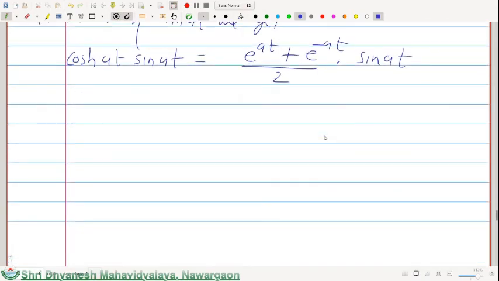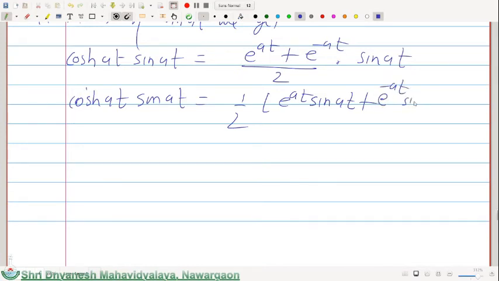What do you do now? Take Laplace transform on both sides, or simplify the right hand side first. Cos hyperbolic at sin at equals 1 by 2 e to the power at sin at plus e to the power minus at sin at.